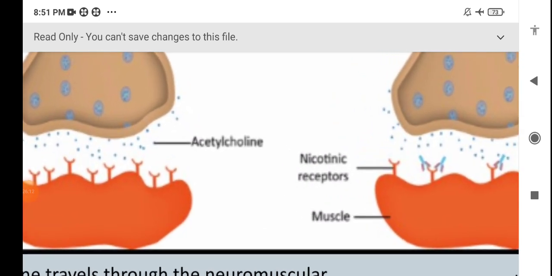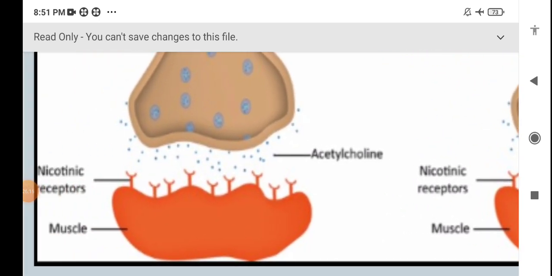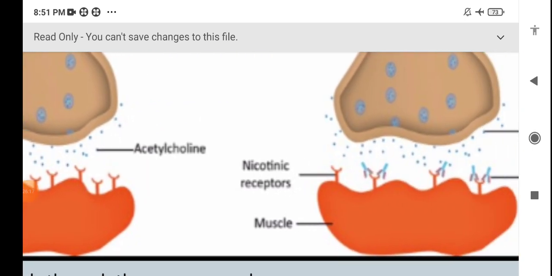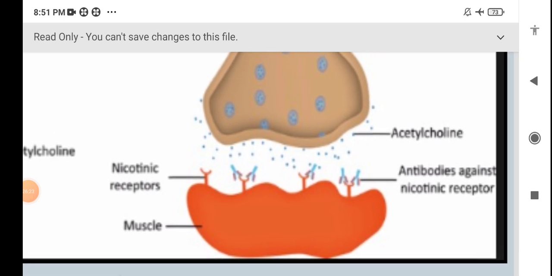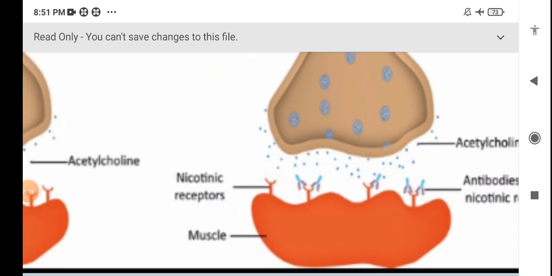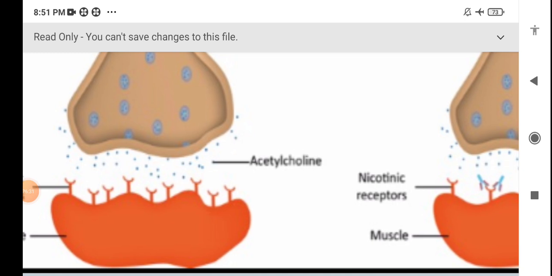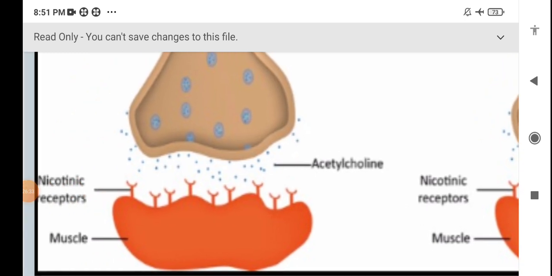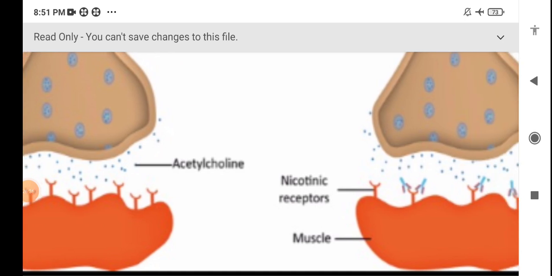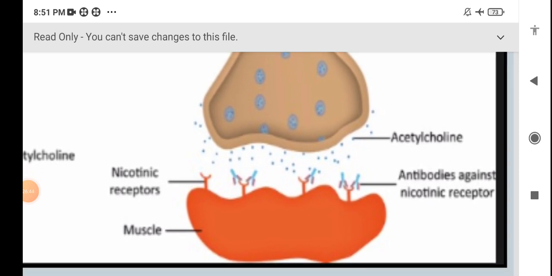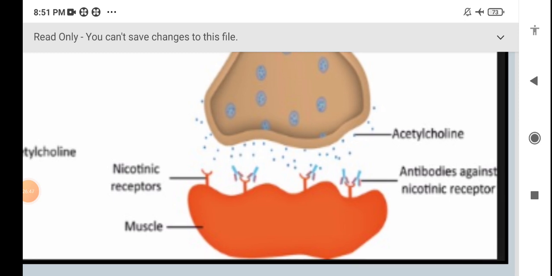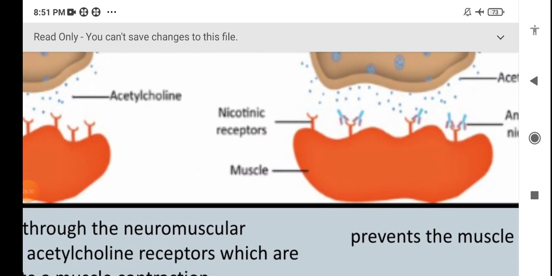Here the acetylcholine in the junction, the nicotinic receptors on the muscle, whereas here there is acetylcholine and there are antibodies against the nicotinic receptors, nullifying their effect. In the normal case, acetylcholine comes and attaches to the nicotinic receptors, whereas here there is no space for the attachment of acetylcholine on the surface of the nicotinic receptors, because antibodies are already there against these receptors on the muscle.